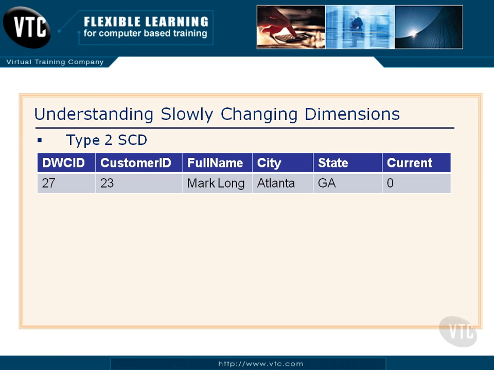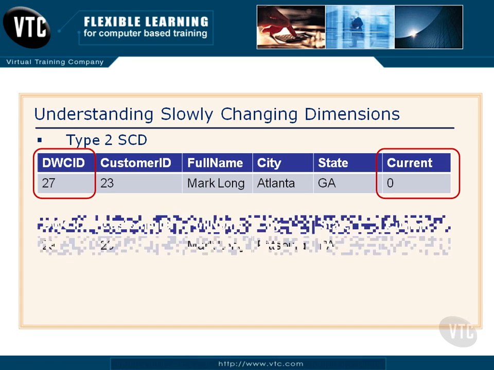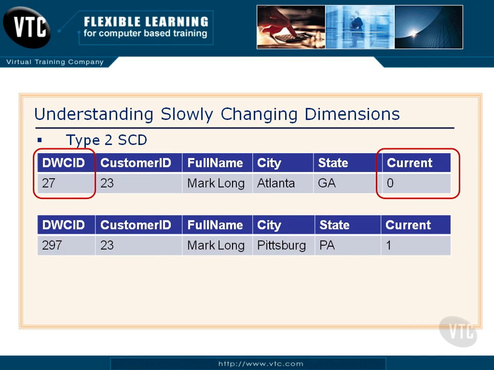So I moved to Pittsburgh, I get ready to load, and I've got these 2 new columns in my dimension now for type 2. And now when I insert that one, you'll notice I do insert a new row, and notice this data warehouse key is now 297 because since I originally got into the database and I lived in Atlanta, been doing business for quite a while, there's been 270 other lines added to this dimension.